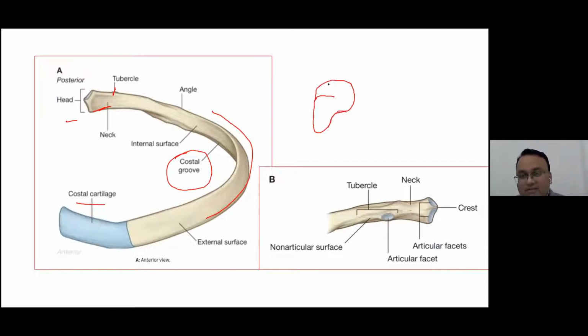If this is just a cross section of a rib, all right, what you'll have at the inferior border is this groove kind of structure, okay? And at this groove, there are several structures that lie within the groove, right? From superior to inferior. And this is true for all of the ribs, okay? We'll talk about that more after this.